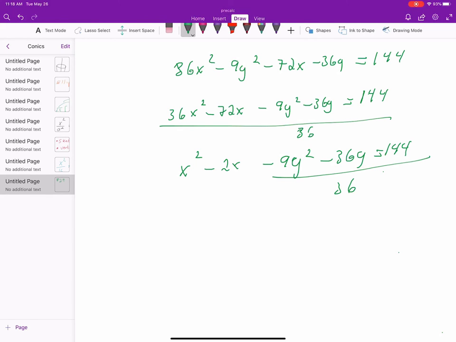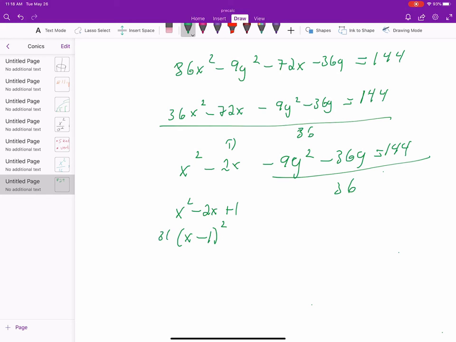I want to complete the square on this. So I take that 2, half of 2 is 1, and I'm going to square it. So we have x squared minus 2x plus 1. I'm not too worried about the other side. So now here I'm going to go x minus 1 squared. But now I'm ready to multiply by that 36.